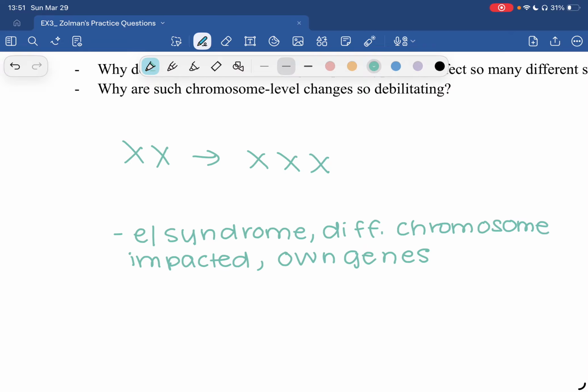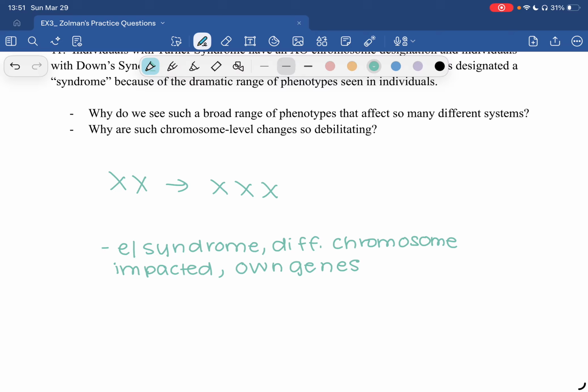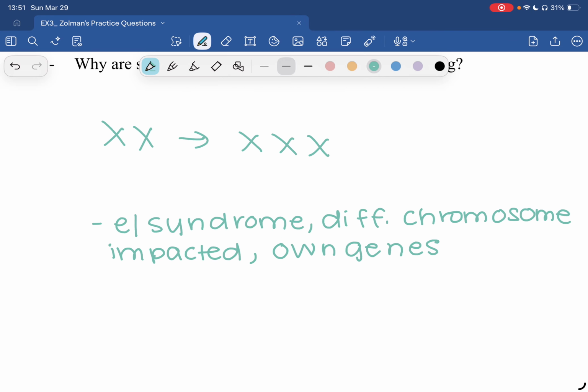Okay, and then the last question, why are chromosome level changes so debilitating? They're so debilitating because a chromosome has a lot of different genes, so a lot of genes are impacted. We would see changes in expression that interrupt the balances of interacting proteins that affect important pathways like cell division.